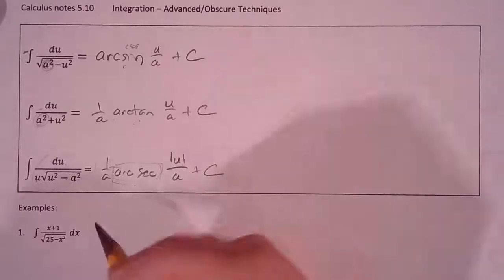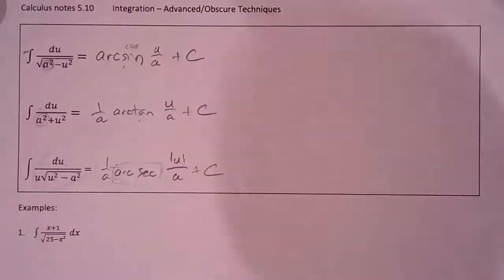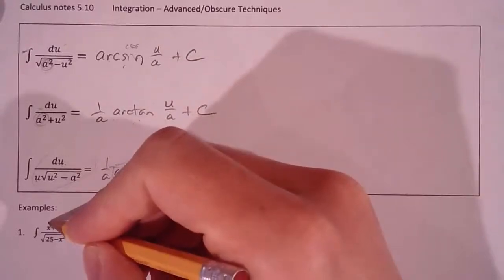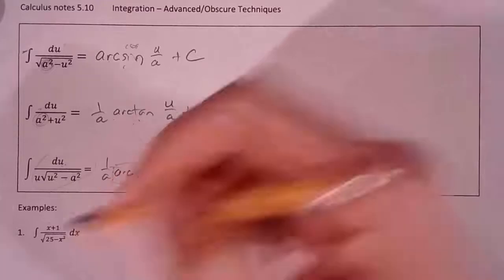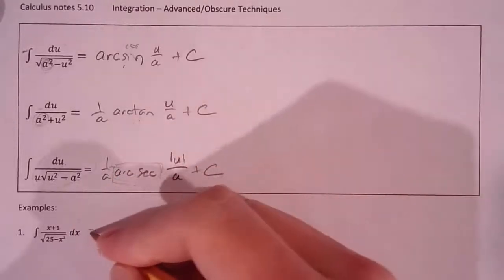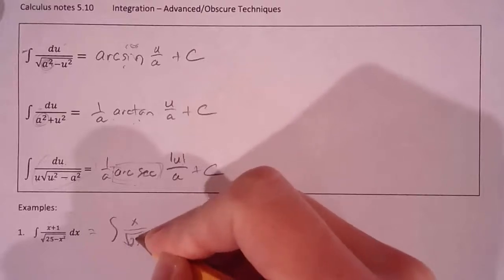In fact, we see in this first example here, there are two terms in the numerator. None of these three patterns have two terms in the numerator. But knowing what we already know about math and algebra, since there's two terms in the numerator and essentially one term glued together with a square root in the bottom, we can write this as two separate integrals.